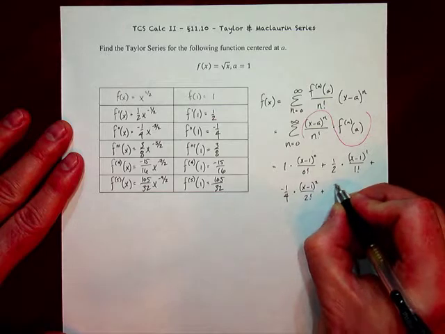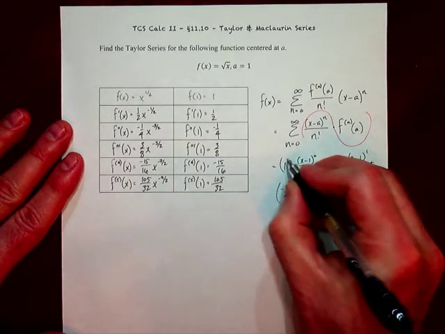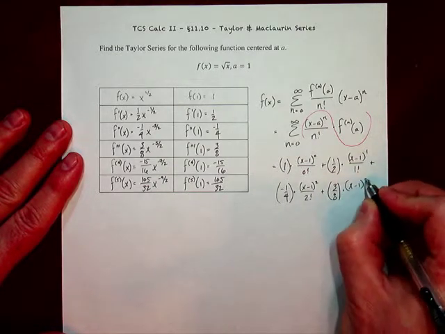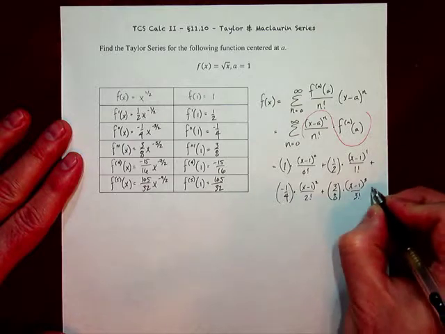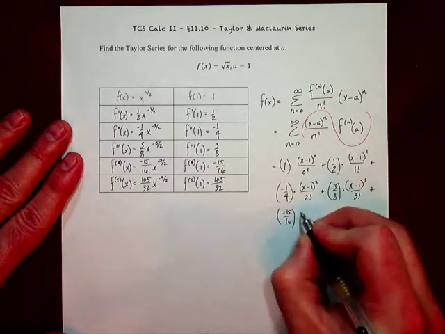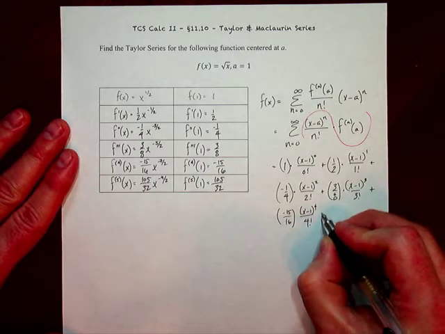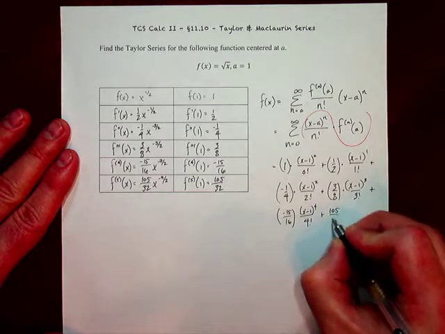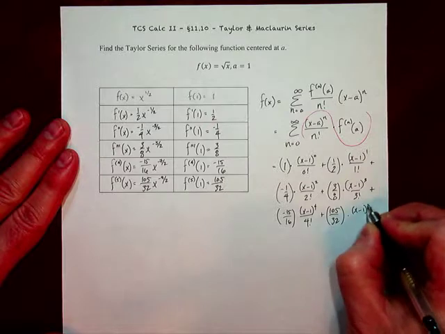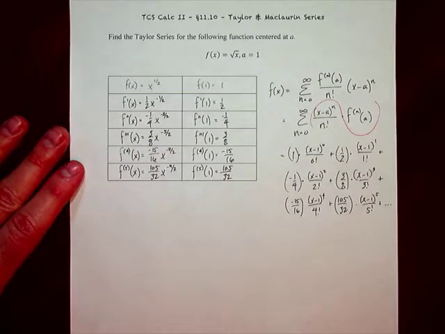And then we have 3/8, and let's go ahead and put those in parentheses just to be really explicit about what we're doing, 3 factorial, plus negative 15 over 16 times x minus 1 to the 4th over 4 factorial, plus 105 over 32 times x minus 1 to the 5th over 5 factorial, and on and on, right?